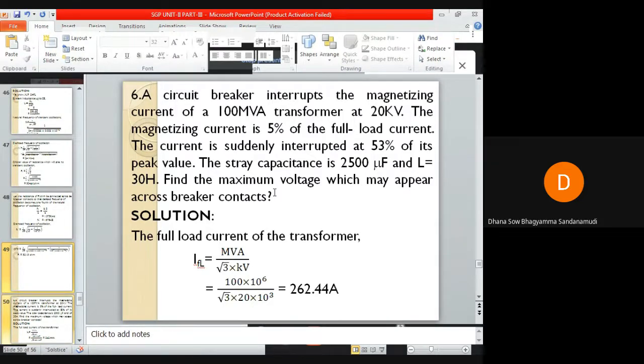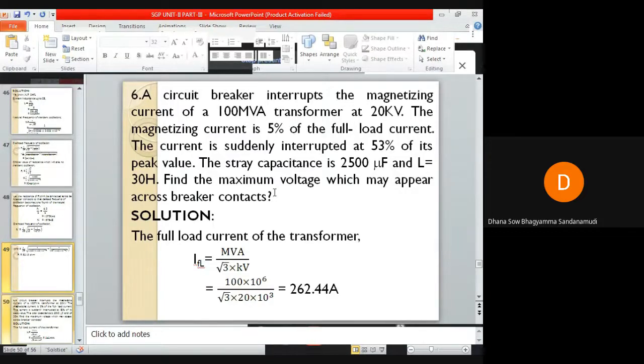The full load current of the transformer you can determine as MVA by root 3 into kV. This formula is very familiar to you people, it's not new. MVA is 100 megavolt ampere, so you can write 100 into 10 power 6 by root 3 into 20 into 10 power 3, 20 kV. You get a full load current of 262.44 amperes.